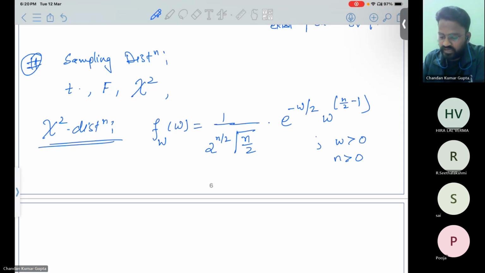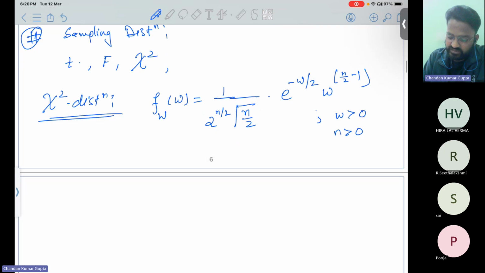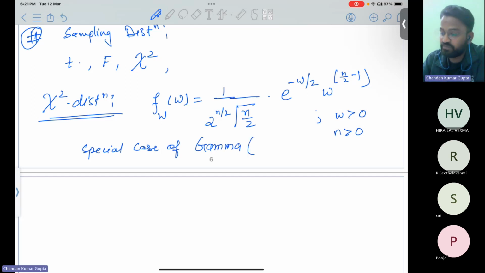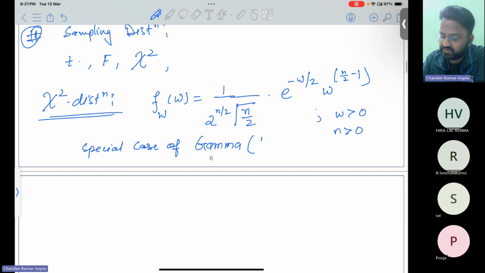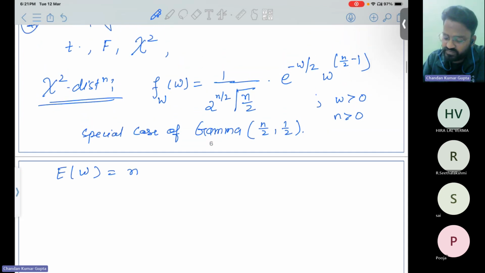If you may recall, it is a special case of gamma distribution, with parameters n by 2 and 1 by 2. Then the expected value of W is n, which is equal to its degree of freedom.